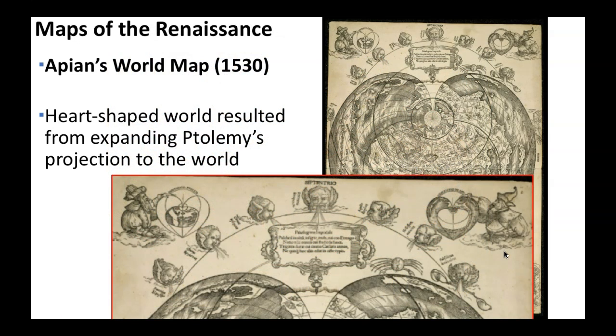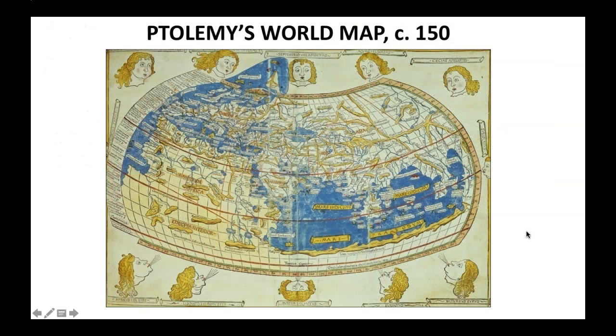The heart-shaped world map was also very popular in the Renaissance, and we also see knowledge of the old world here at the top. We see the Eastern Hemisphere fully mapped out, whereas the Western Hemisphere is still in large parts left blank.